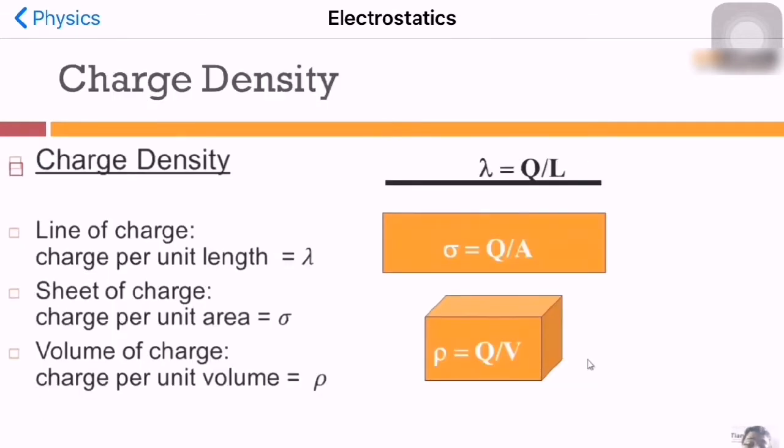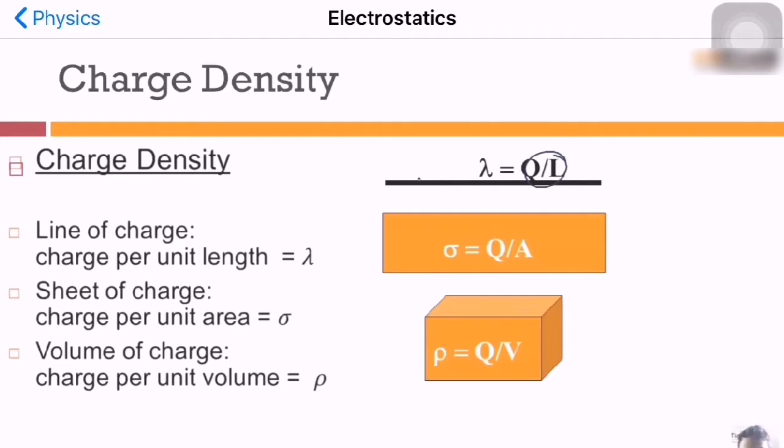Now, how exactly are you going to do it? You are not going to take them in the form of total Q. Instead, if you are trying to find the electric field at any point due to these, you are going to take small charge distributions. Let's say it's uniformly distributed.